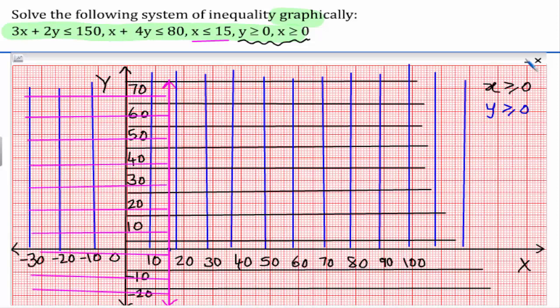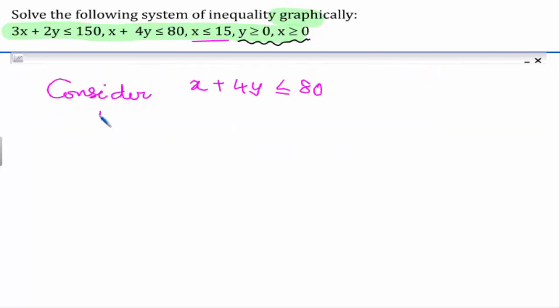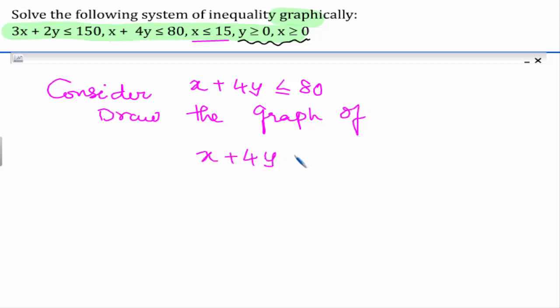Now let us consider another inequality, that is x plus 4y less than or equal to 80. We have to draw the graph for x plus 4y is equal to 80. So 4y is equal to 80 minus x, so y is equal to (80 minus x) by 4.